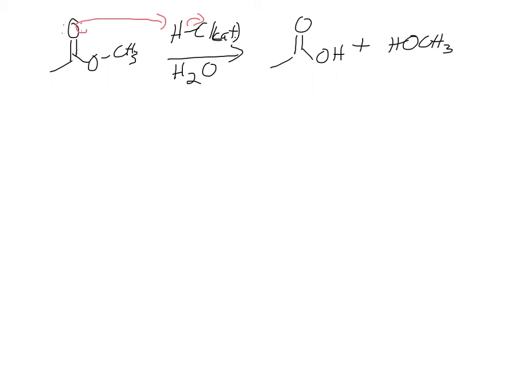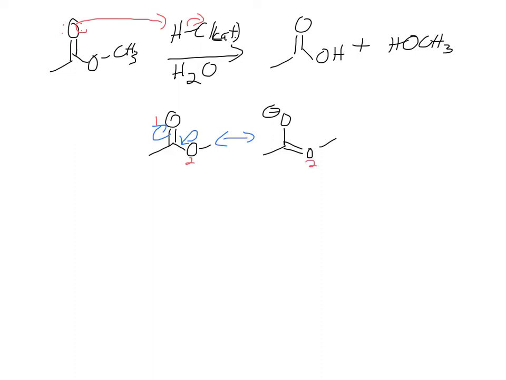That's because if you look at the resonance possibilities, if I label this oxygen 1 and this oxygen 2, and start drawing the resonance structure with a lone pair, you'll see oxygen 1 is actually more electron rich than oxygen 2.